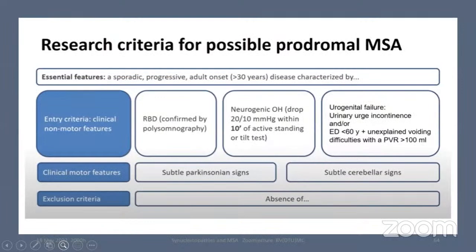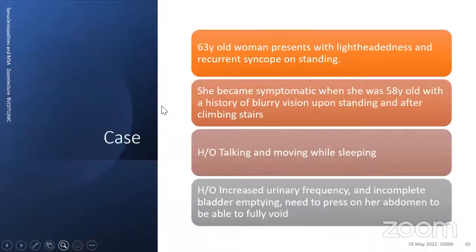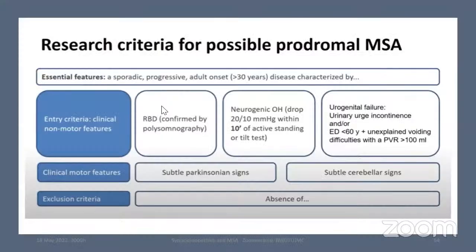There are some research criteria for possible prodromal MSA. And what are these? So first you have to suspect that the disease is there. Then only you can put these individuals under your care, under observation, and they can possibly enter any research protocols. So the early entry criteria is clinical non-motor features. What are these? RBD confirmed by polysomnography.